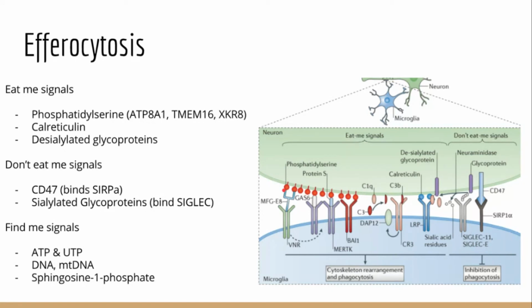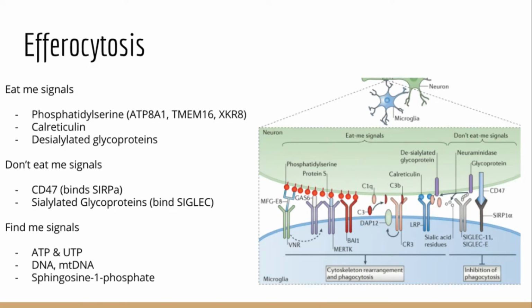It binds those phosphatidylserine molecules, and then it serves as a phagocytosis-inducing ligand. Because then when the microglia come across it, they say, oh, this must be expressing phosphatidylserine because MFGE8 is found here. It then induces phagocytosis.